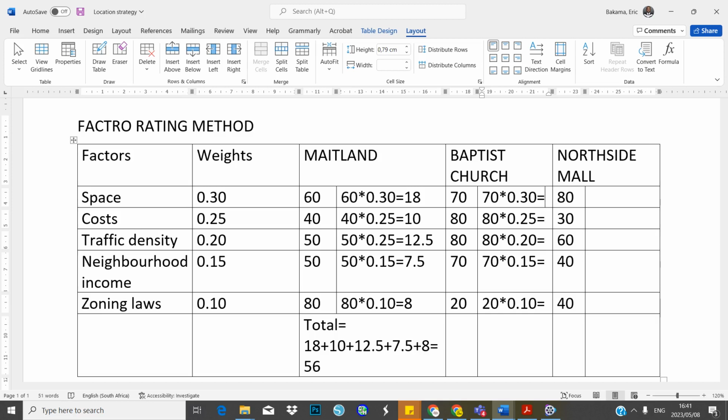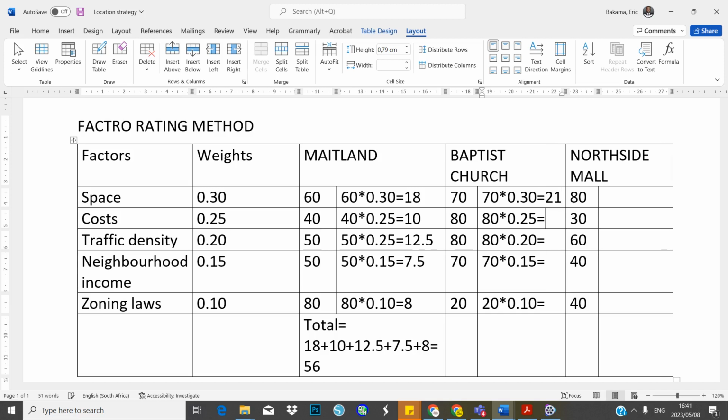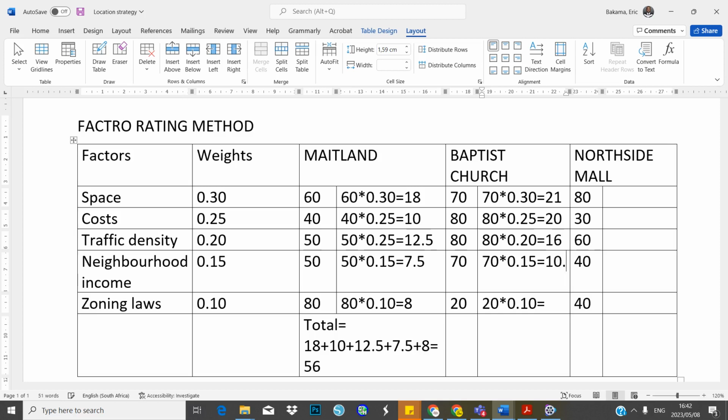So I have 70 times 0.30, which gives me 21. Then 80 times 0.25, which gives me 20. Then 80 times 0.20, which gives me 16. Then 70 times 0.15, which gives me 10.5.